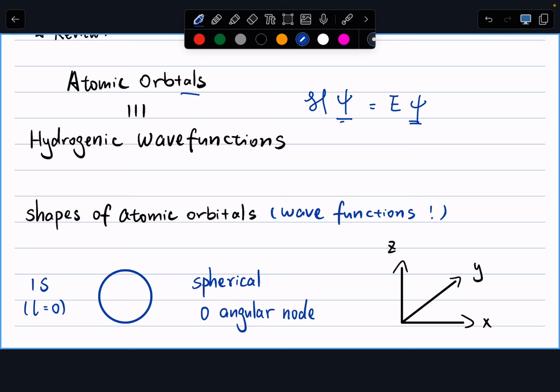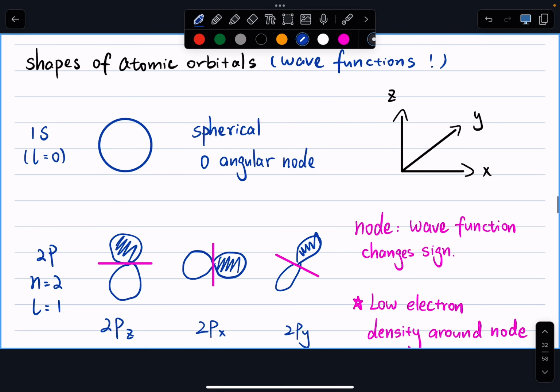We have some general pictures about the shape of these atomic wave functions. Depending on the quantum number combination, the 1s atomic orbital has a spherical shape, and the 2p atomic orbital has this dumbbell shape. And you have 3p atomic orbitals and 1s atomic orbitals. Now, think about it.